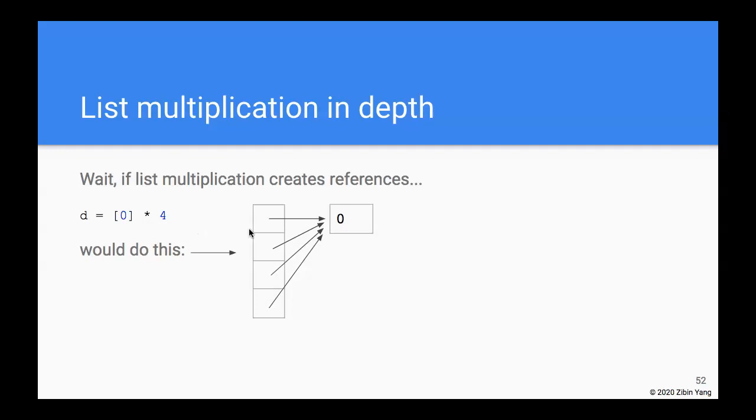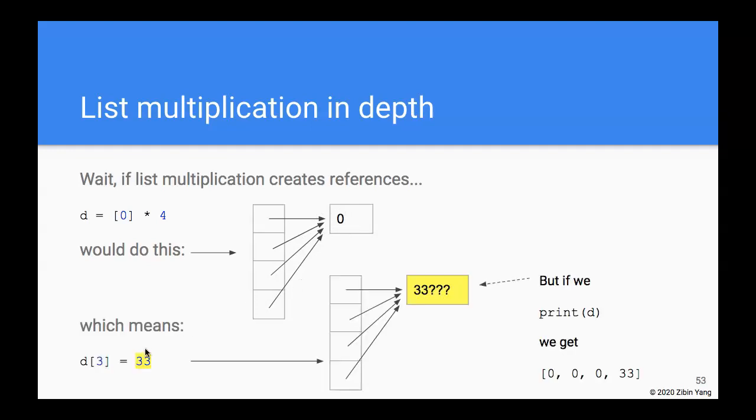So if we say the list multiplication creates a new list, each element of which points to the original elements in the original list, then this expression would create a picture that looks like this. But then if we change one of the elements in this new list, then wouldn't we change the 0 to 33, and wouldn't we get a list of 4 33s?